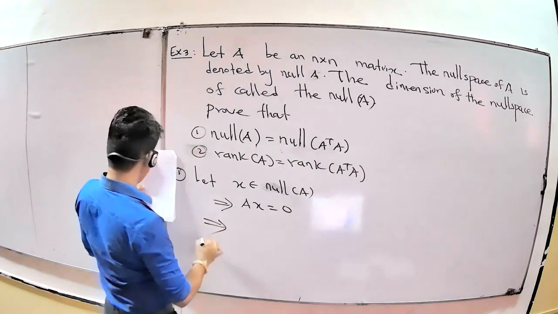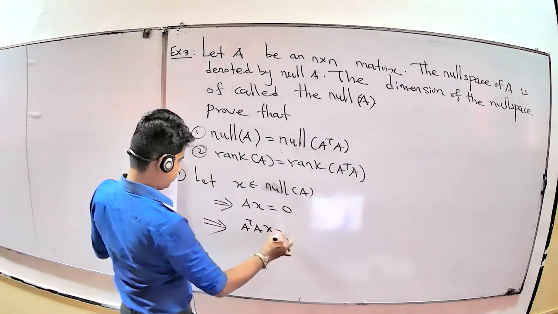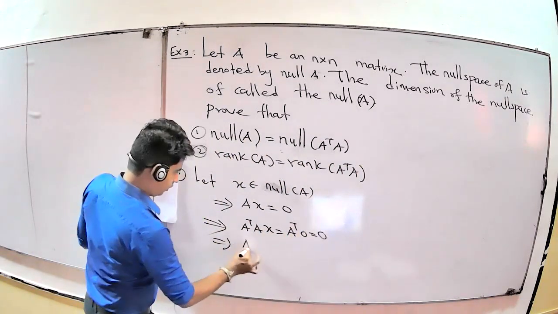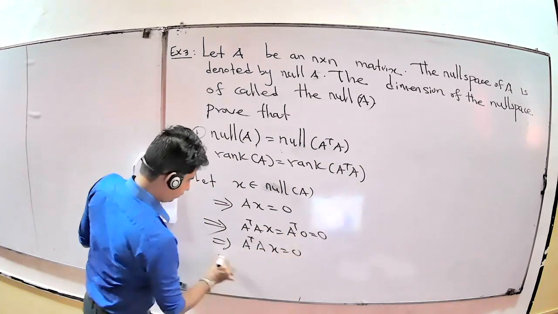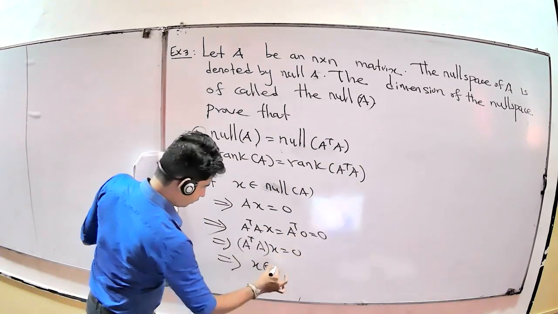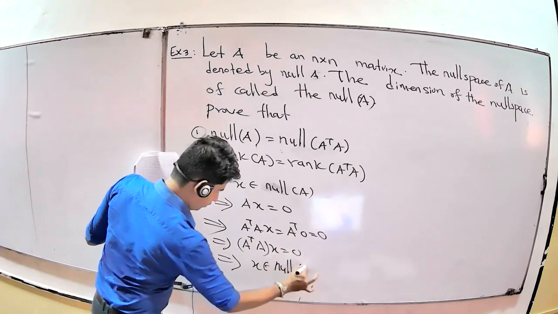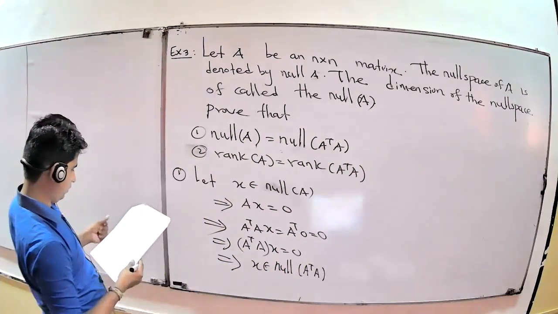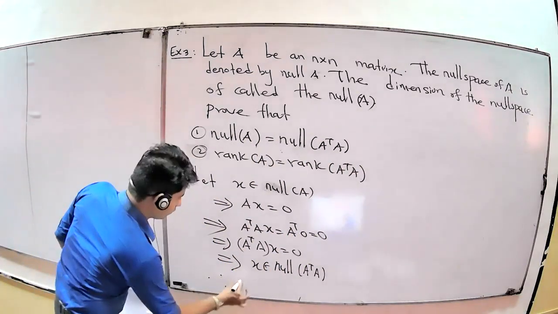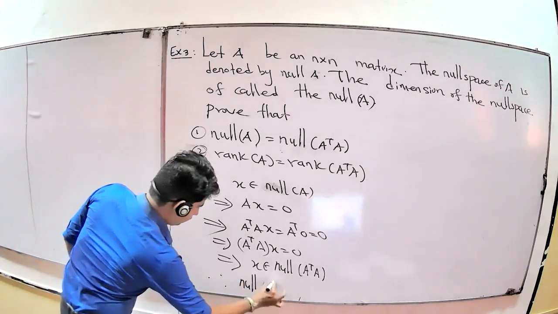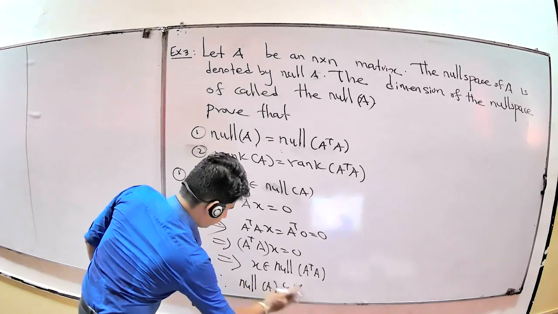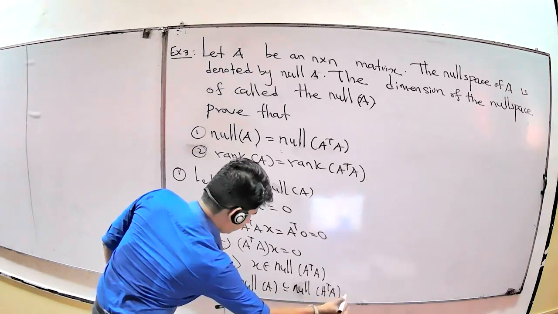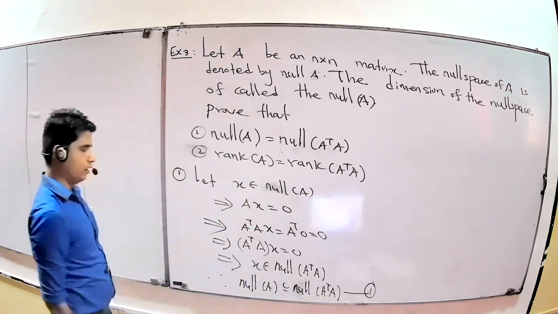Now take A transpose on both sides: A transpose Ax equals 0. This implies x belongs to null of A transpose A. Therefore, null of A is a subset of null of A transpose A. It is first.